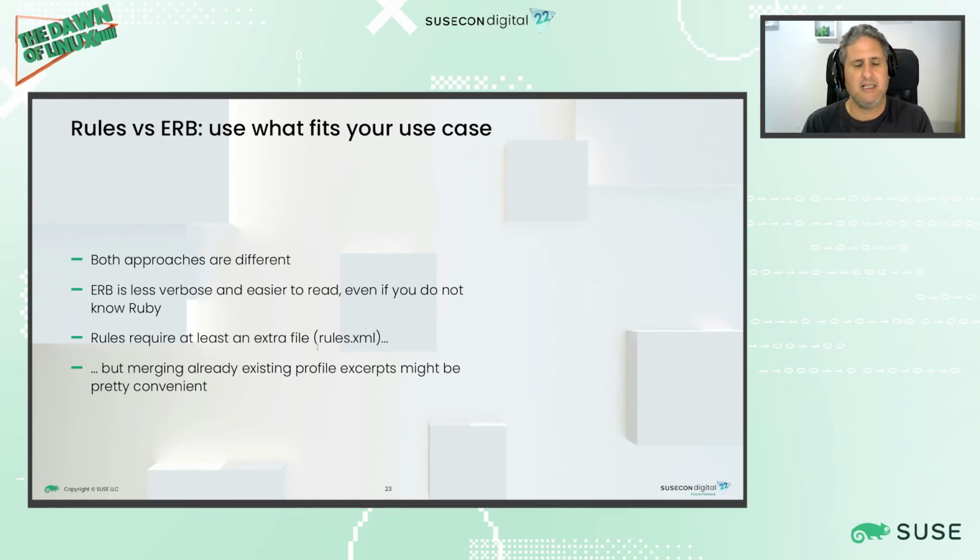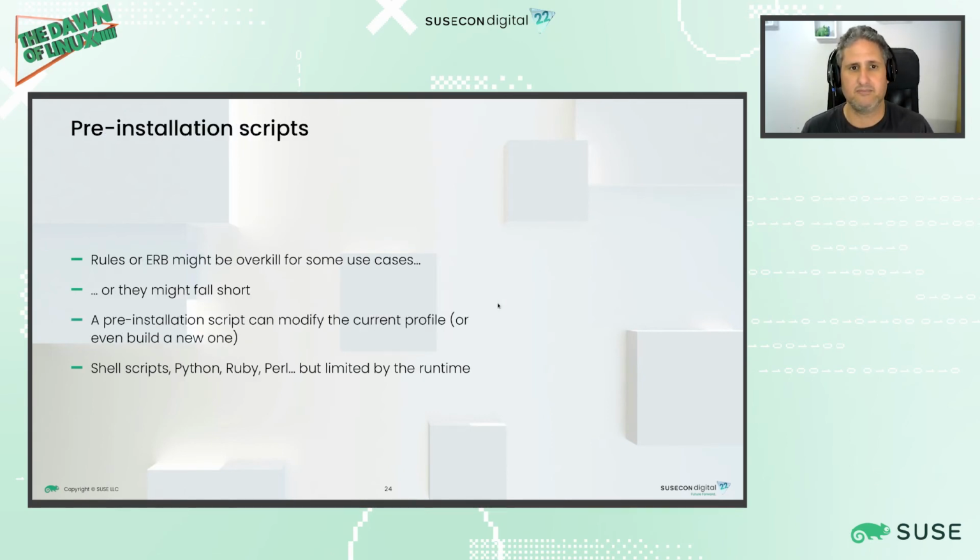One of them, ERB, in my opinion, is less verbose, more readable, and you don't need to keep many separate files, the rules files, and so on. But maybe the way that the rules have to merge the XML files might be convenient for your use case. So, sorry, I don't have an answer, but use whatever you think might be better for your use case.